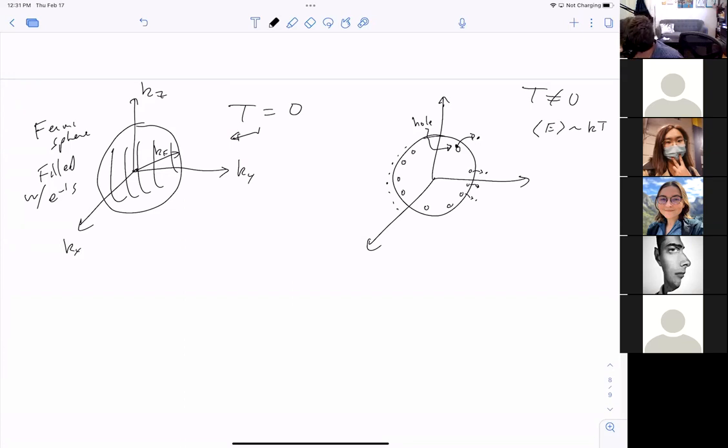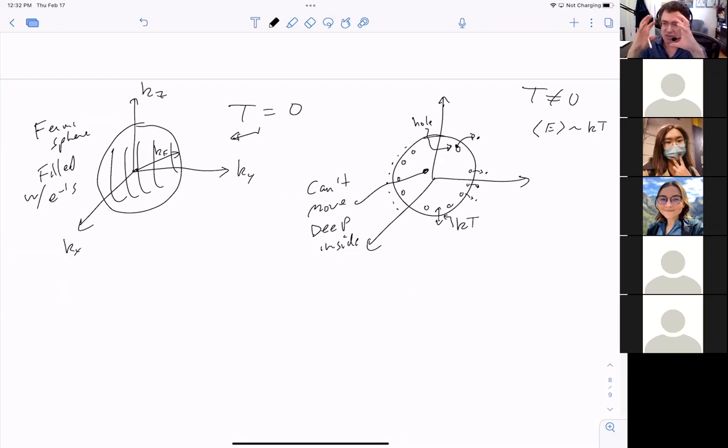So they can't move deep inside. It's only the ones here within kT of energy. So that means that basically this Fermi sphere is still there, because the Fermi sphere is big in terms of kT, since it's equal to something like 20,000 degrees.